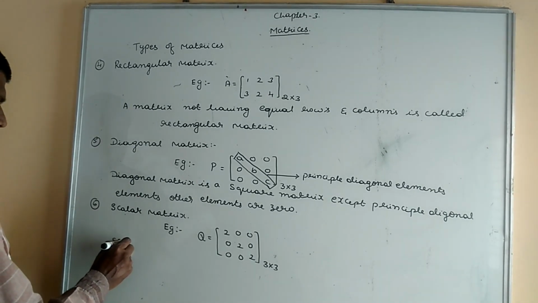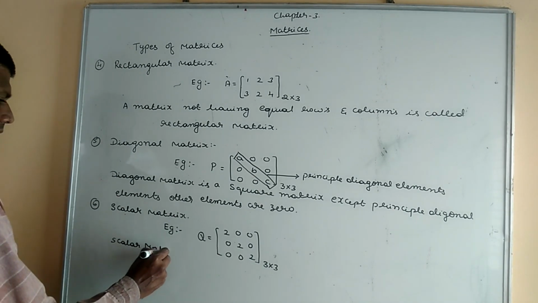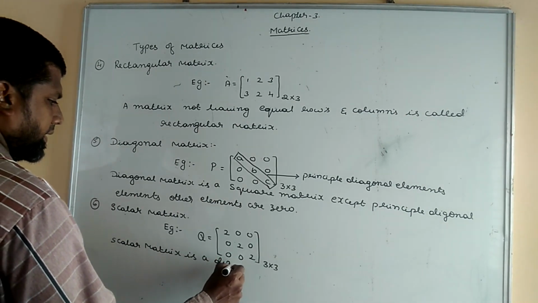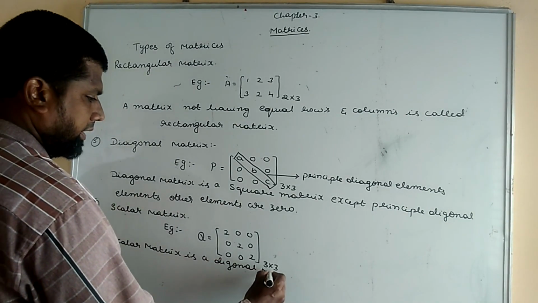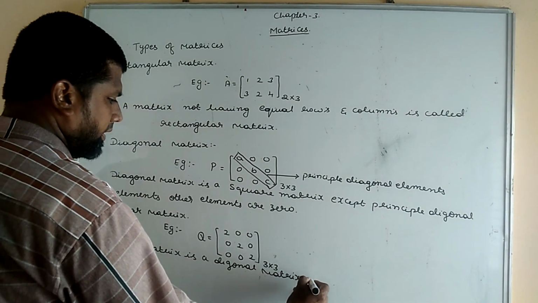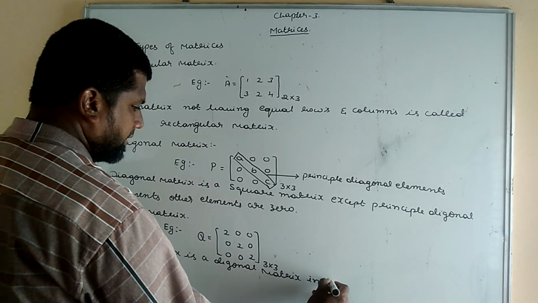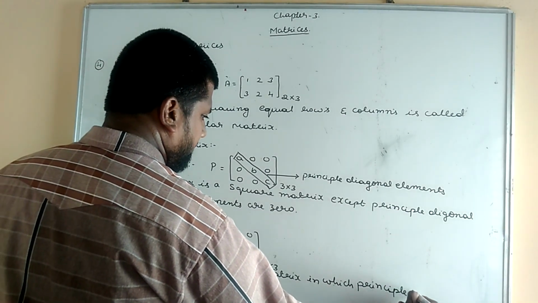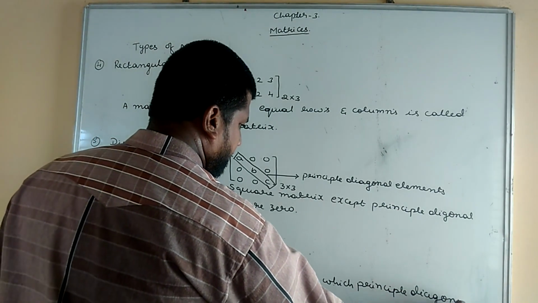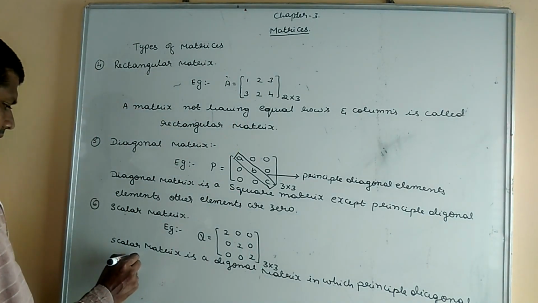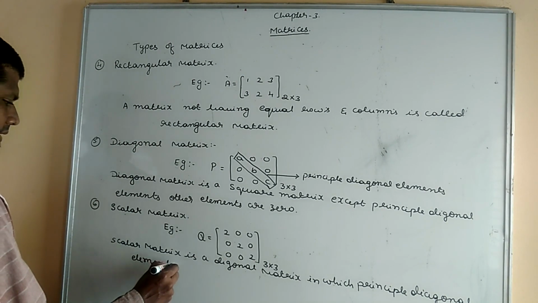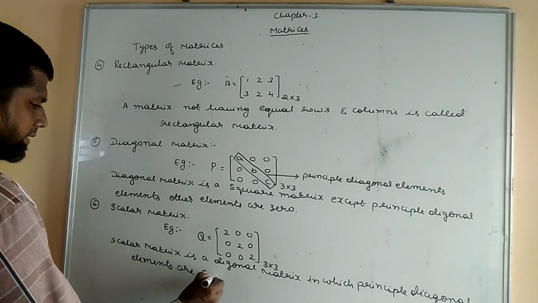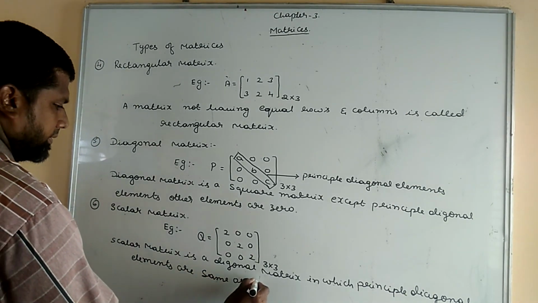A scalar matrix is a diagonal matrix in which the principal diagonal elements are the same or equal.